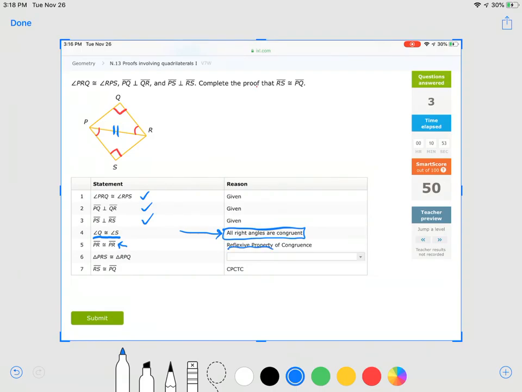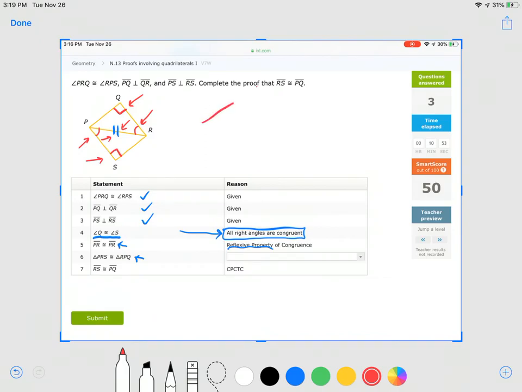And then in step 6, they go on to claim that the two triangles are congruent. So that probably means we need to invoke one of our triangle congruence theorems. So we have this angle and this side being congruent to this angle and this side. So that is angle, angle, side.